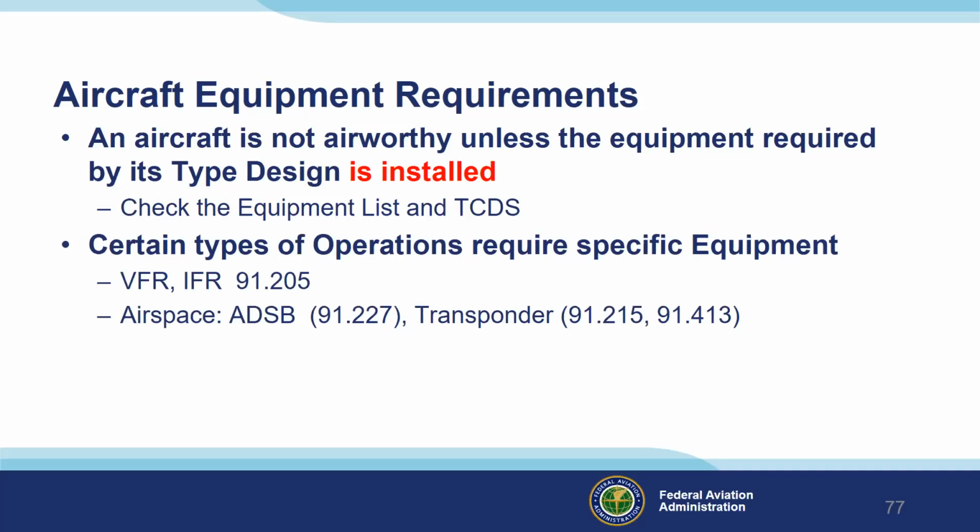For example, ADS-B is now required any place a transponder is required. Transponder, of course, is also required in certain airspace. There are very few places you can fly these days without an ADS-B and a transponder. There are exceptions for aircraft that don't have a power source, for example.